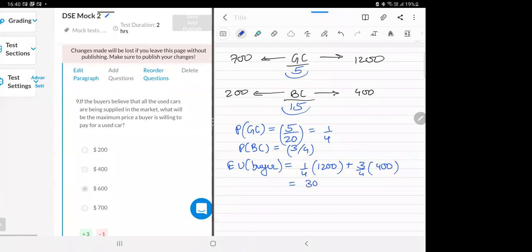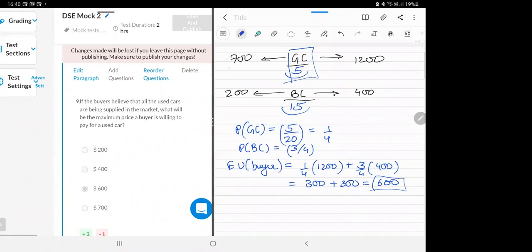That is 300 plus 300, so this is 600. He is only willing to pay 600 if all the good cars are in the market.